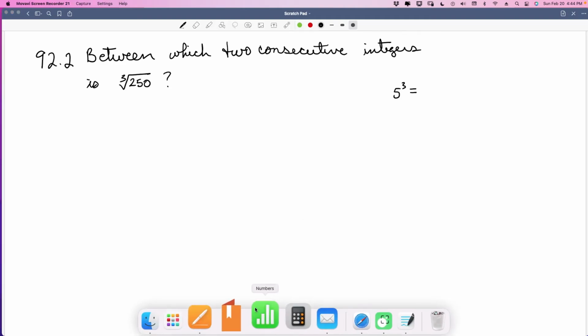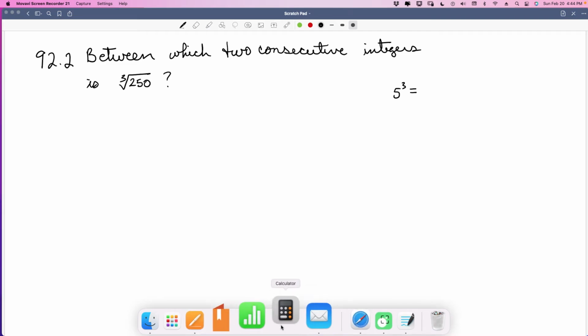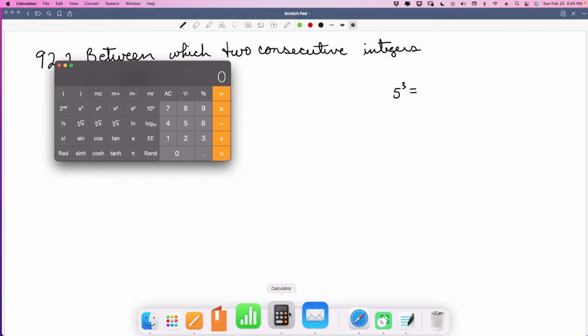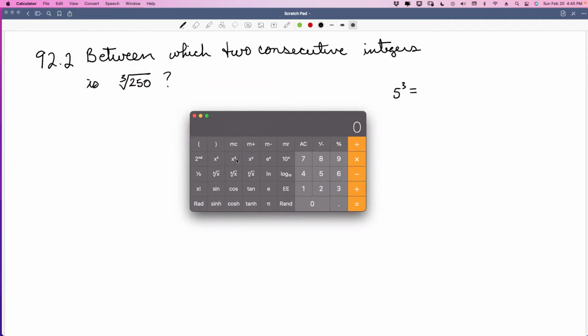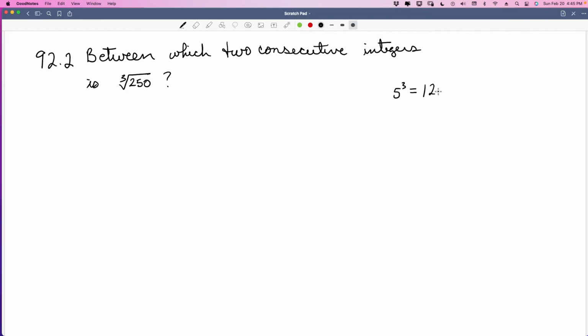Let me pull up my calculator here, and I'll show you how to find it, in case you haven't written this down in the reference information on the back of your notebook. If you look right here on your calculator, there's a little X with a 3, and that's a cube. You can just type an integer, in this case 5, and then hit this X cubed, and it tells you what the answer is. Isn't that cool? All right, so that would be 125.